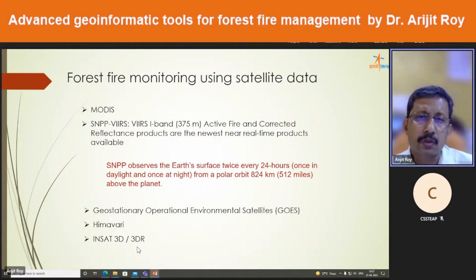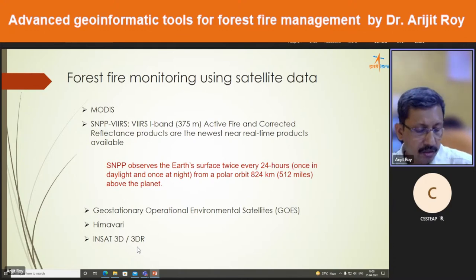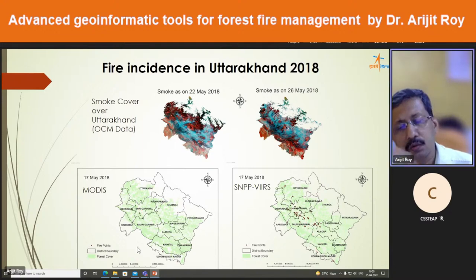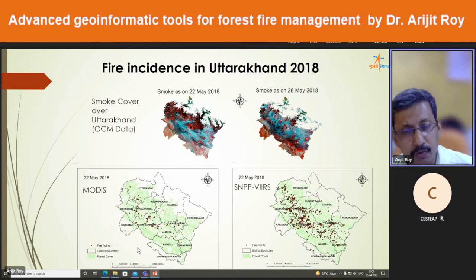So when we talk about forest fire monitoring using satellite data, we have the data from MODIS, we have the data from SNPP-VIIRS. And apart from these two, we can also monitor using geostationary satellites like GOES, Himawari, or INSAT-3D, 3DR. In a couple of slides, I will show you how geostationary satellites can also be used for monitoring forest fire.